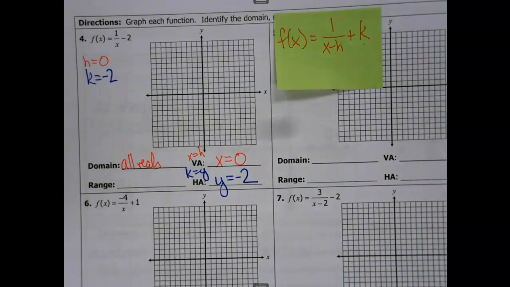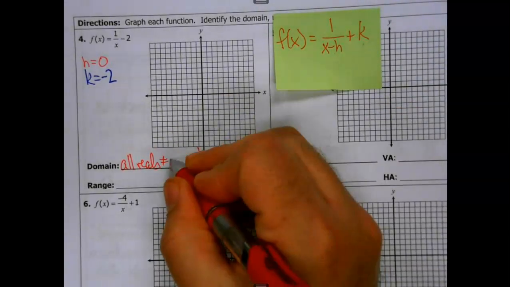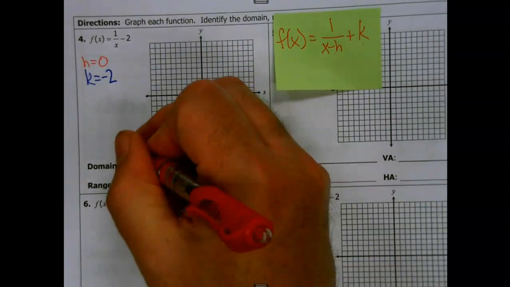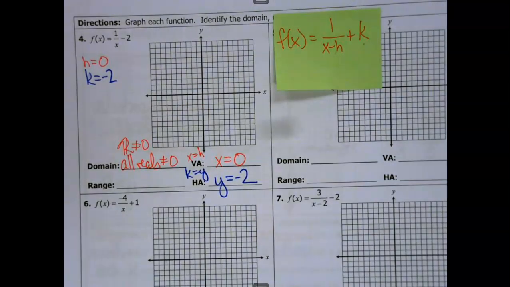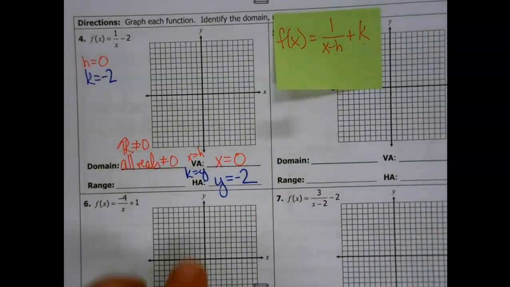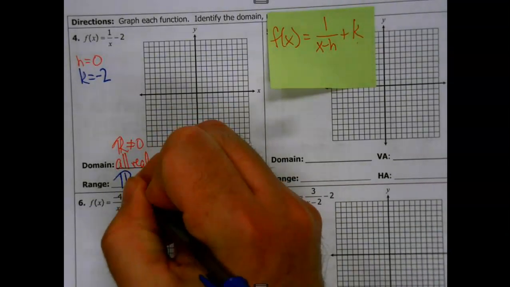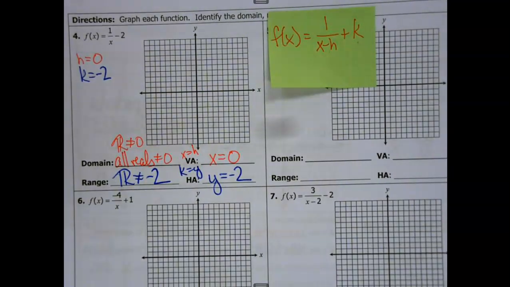It would be positive 8, but we'll get to that in a minute. We'll explain why that is. And if you don't like having to write out all reals like that, if you remember back, we talked about the double-barred R that you can use to do the exact same thing. So we can get that filled in. We can do the same thing for our range with our horizontal asymptote. All reals not equal to -2.